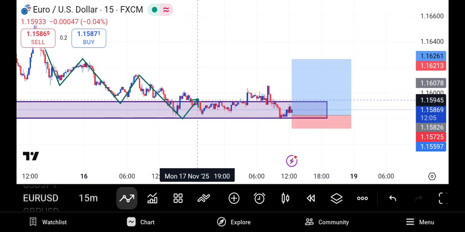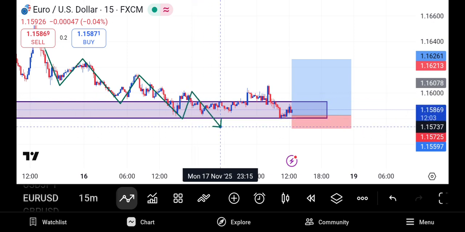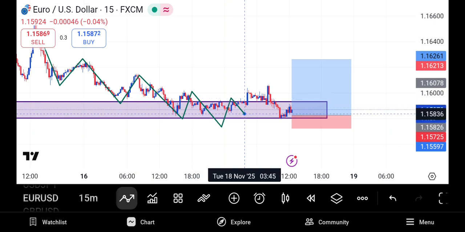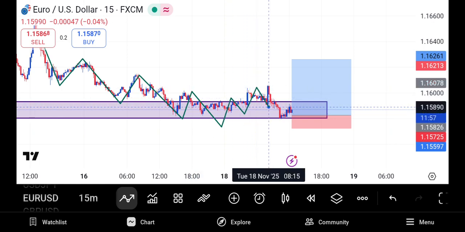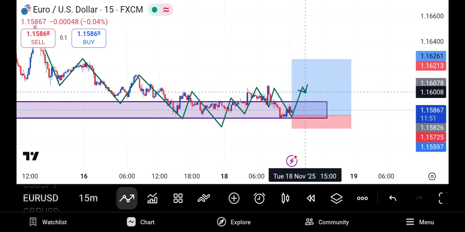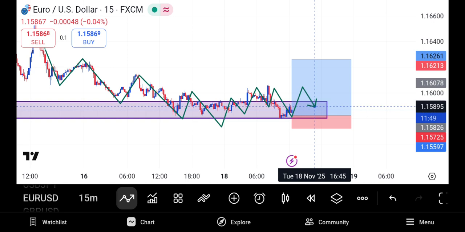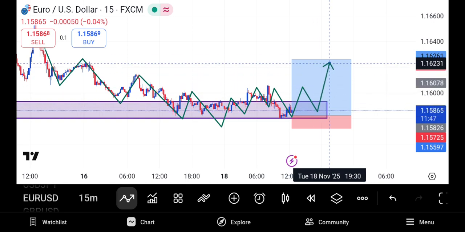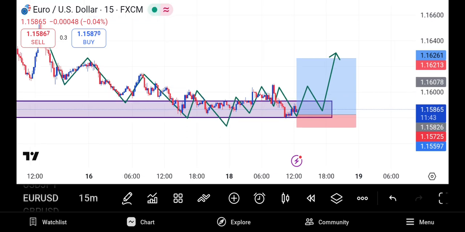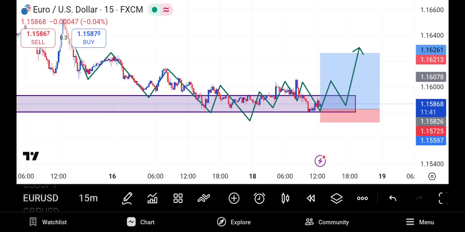We created that lower high, lower low, and we've been consolidating from there on. And what I expect is for price to push up, retest the support zone, and continue pushing up. So this is what we're looking at actually. And again, this is Euro USD.